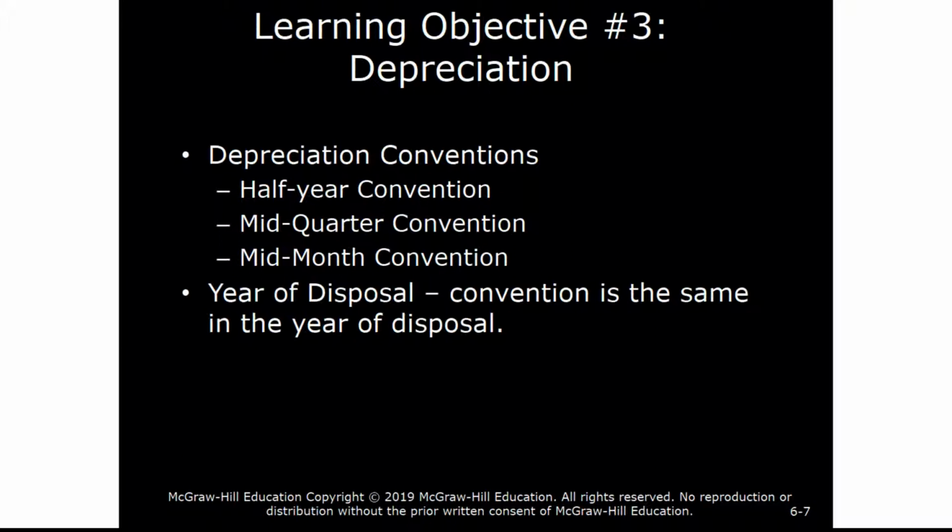However, I said earlier that there are some exceptions to this, and one applies to the mid-quarter convention. The mid-quarter convention says that if you purchase more than 40% of your fixed assets in the fourth quarter of the year or the fourth quarter of the fiscal year, then the company is required to use the mid-quarter convention, and that is that no matter what quarter that asset is purchased in, it's assumed to be in the middle of the quarter.